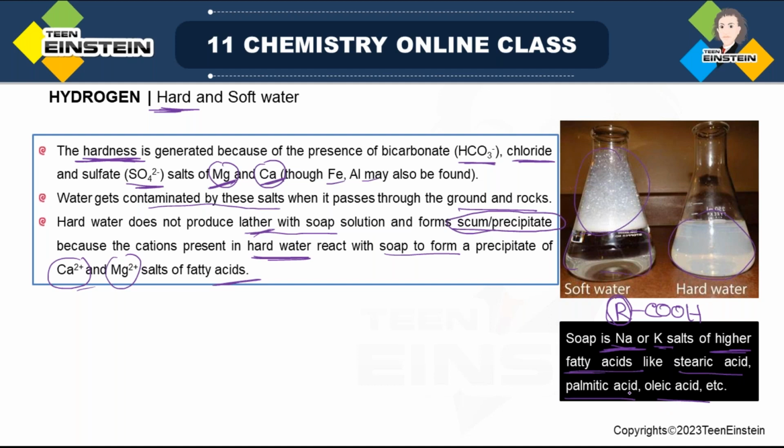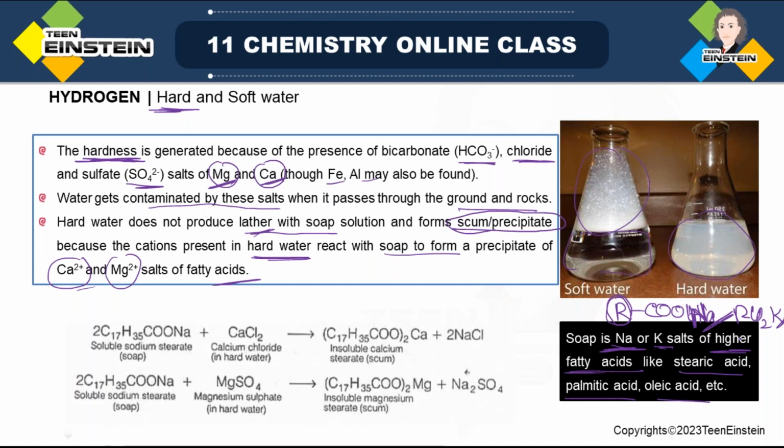Now this RCO2H fatty acid molecule is in sodium or potassium salt form, like RCO2Na or RCO2K. When you mix water with soap, in water there is already the presence of Ca2+ and Mg2+. So now this Ca2+ and Mg2+ can replace the Na+ or K+ ion and take the same place.